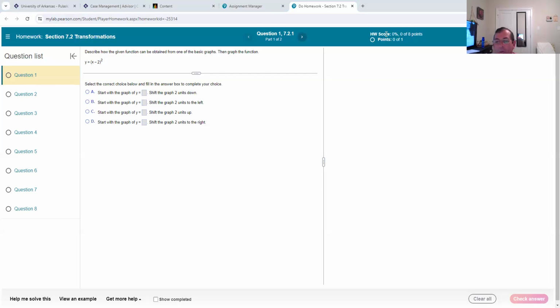Oh, y'all are so close, but guess what? This one has that exponent of 2 on it. So remember, if you see that exponent of 2, you're going to match that with the x squared graph, okay?